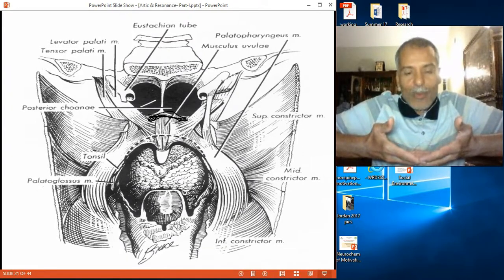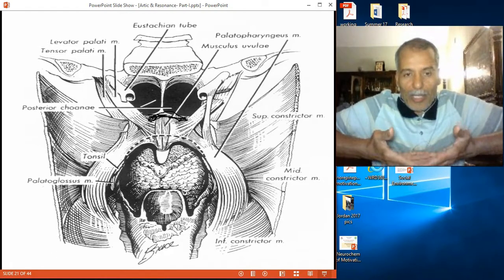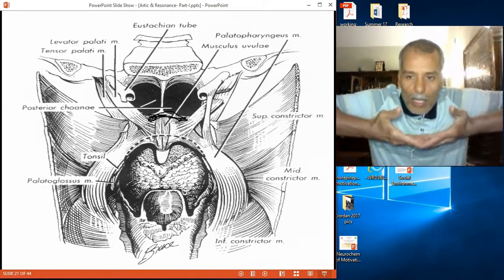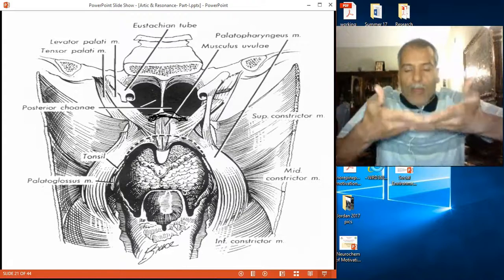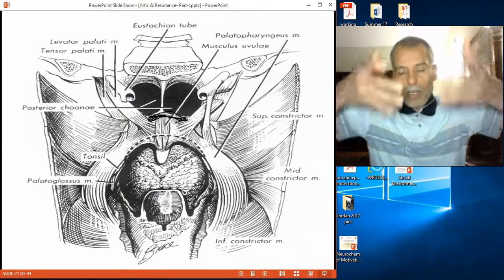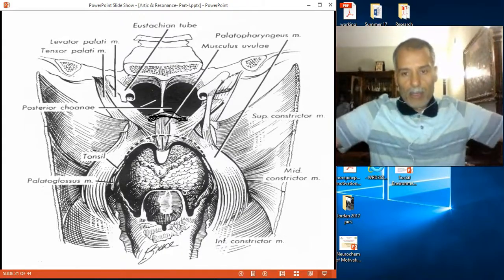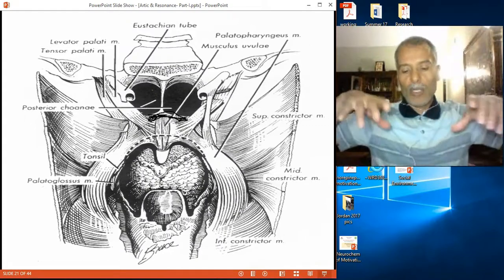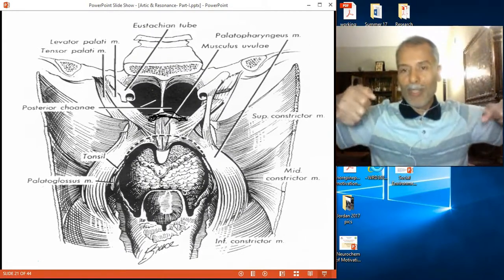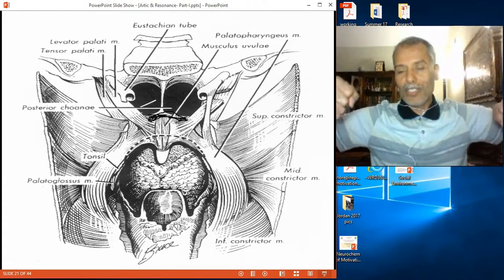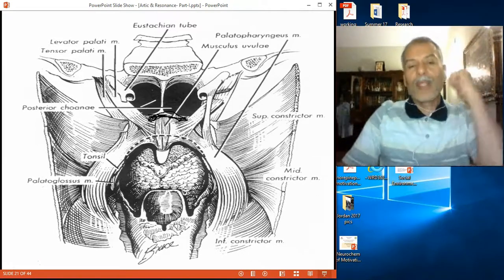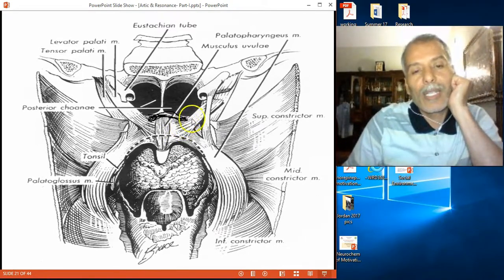And then when they contract, they lift up the velum, just like a hammock. Imagine if someone is sleeping in a hammock and two strong people hold from each end and then just lift up. So that is the muscle that makes the bulk of the velum.